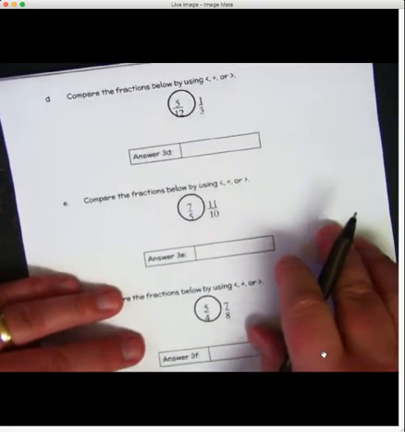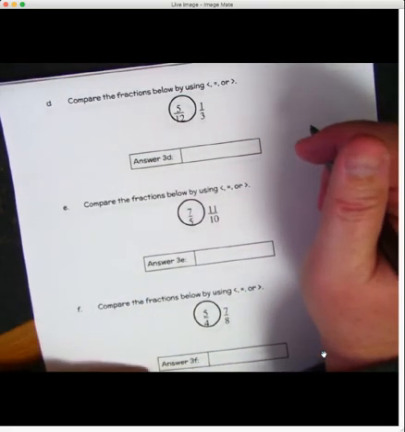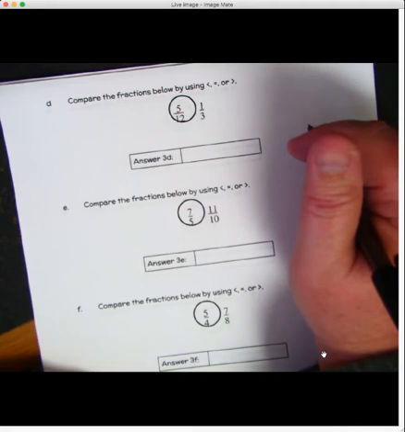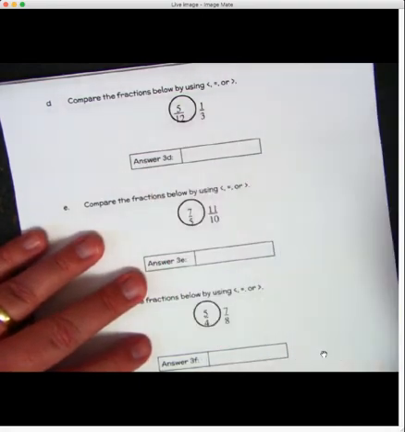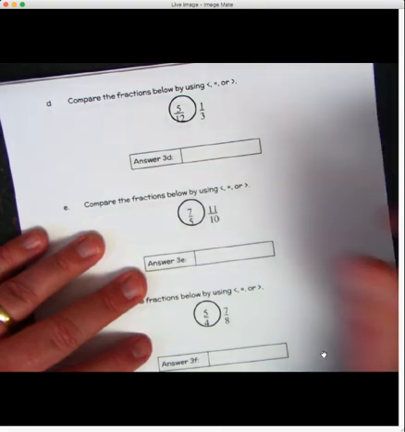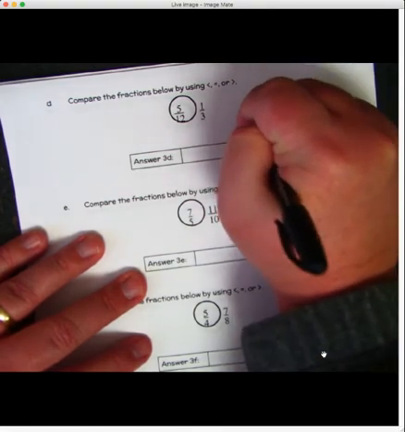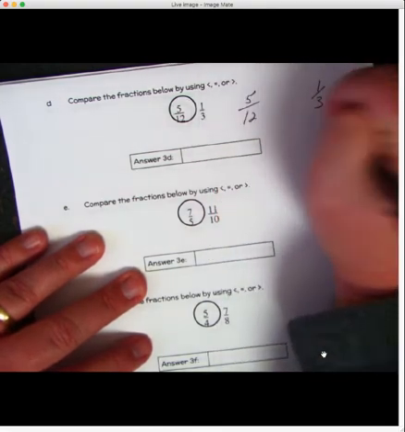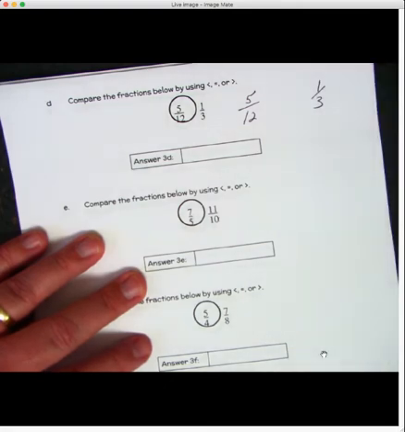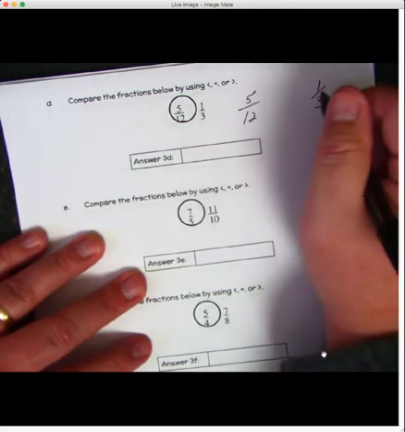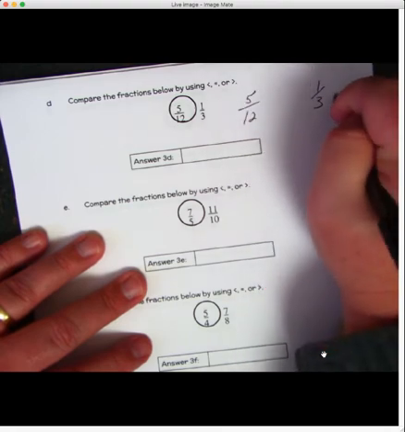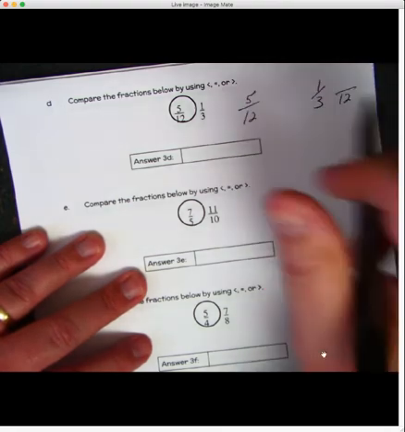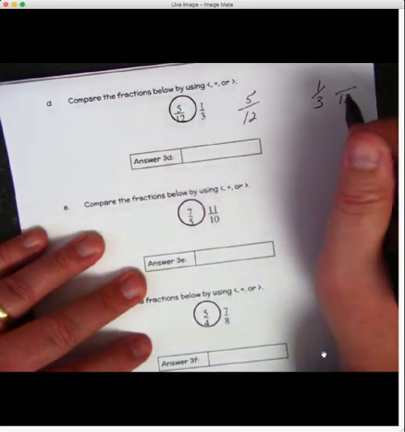Moving on. 5/12ths and 1/3. Okay, we can't think about the half benchmark because they're both less than half. So when it's like this, 5/12ths and 1/3, you could draw them out on a number line if you wanted to.